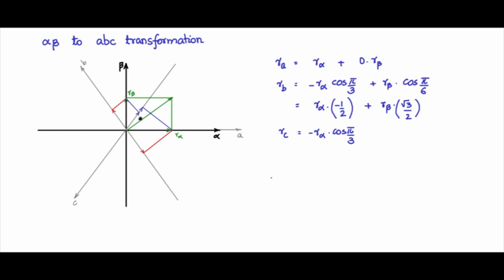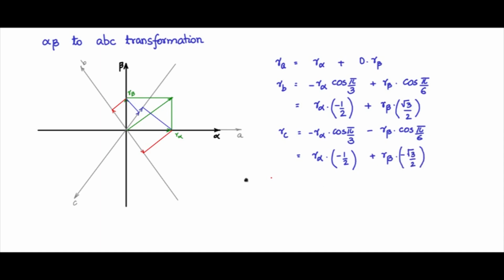This is the R beta component, and that is again falling on the negative part of the axis, minus R beta cos of pi by 6, because this portion is 30 degrees. So now when you put the values for cos pi by 3 and cos pi by 6, you get R alpha into minus 1 by 2 plus R beta into minus root 3 by 2.